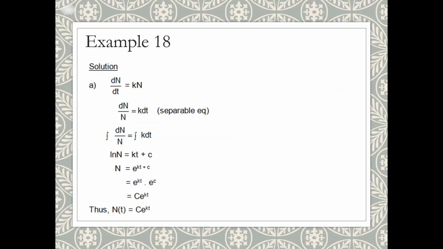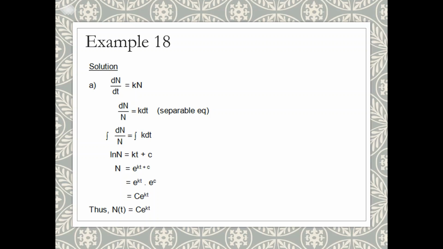First of all, you need to derive the formula by solving the equation of dN over dt equal to kN. Separate the variables, you will get dN over N equal to k dt. Integrate both sides, you will obtain ln N equal to kt plus c. Exponentiate both sides, you will get N equal to e to the power of kt plus c.